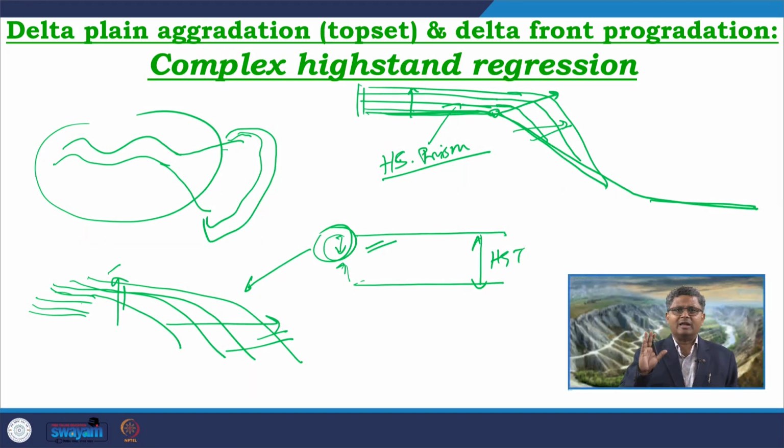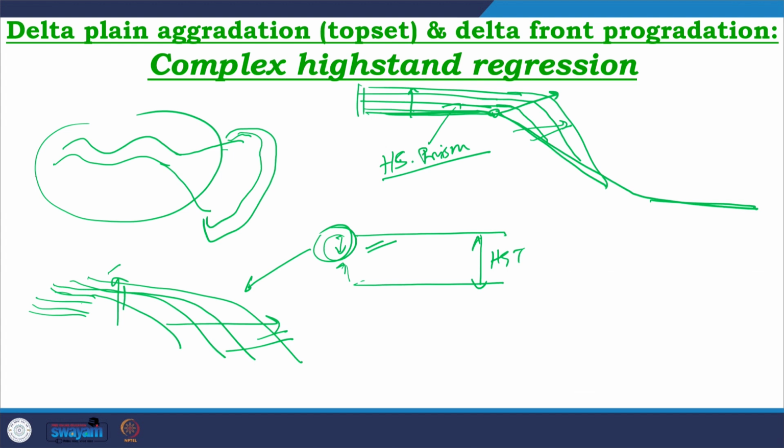So, these packages of the delta front and delta plane, their migrations and their building up, are commonly controlled by high frequency TR pulses, high frequency transgressive regressive pulses.